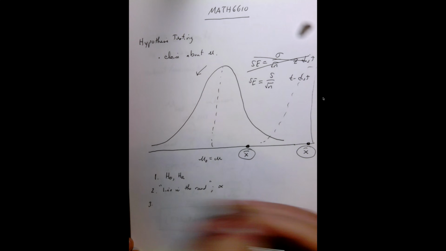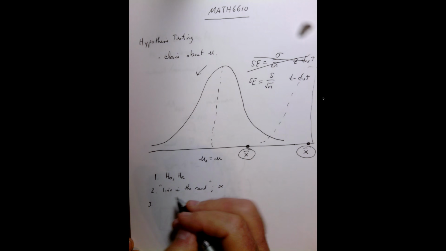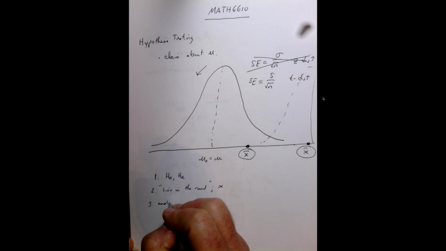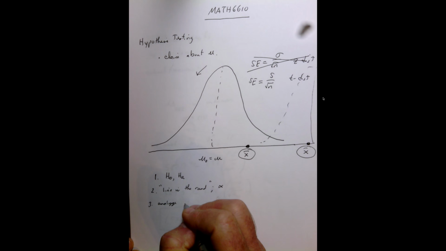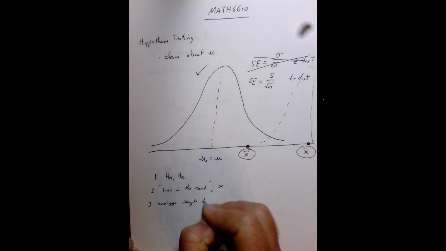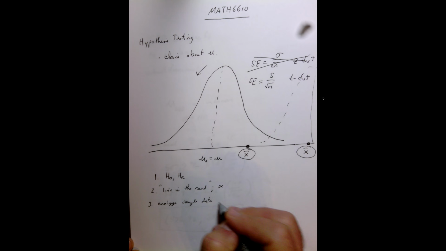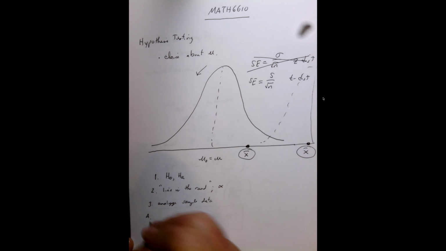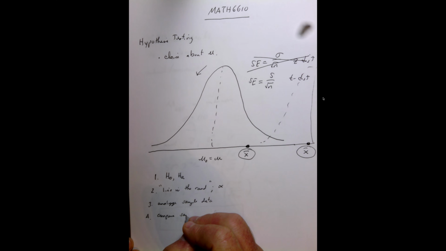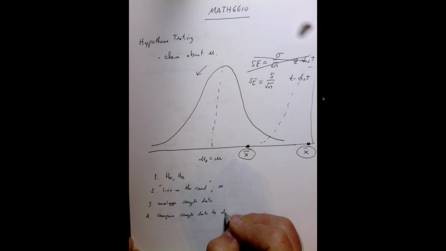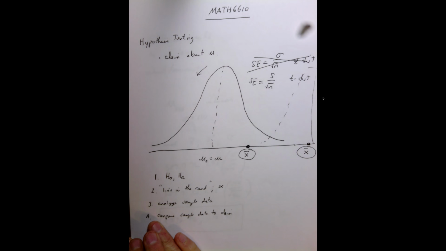More about that later. The third thing we do is analyze our sample data. The fourth thing we follow up with is to compare the sample data to the claim. And then finally we make a decision.